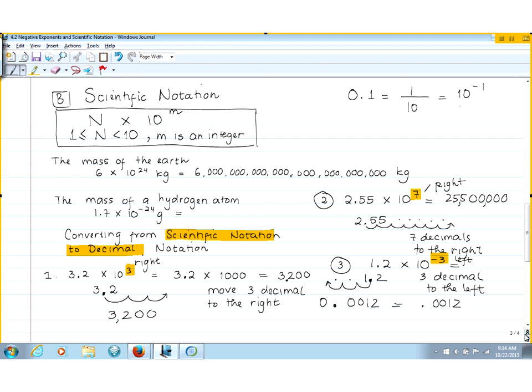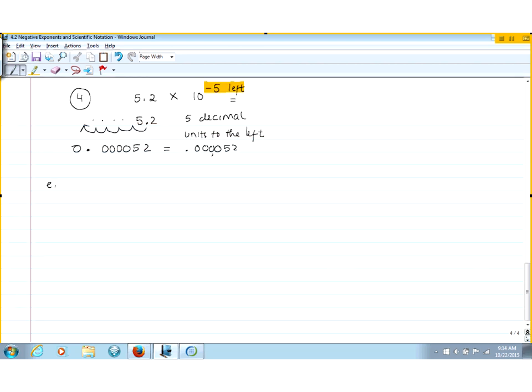So, next one. For example, convert to scientific notation. So we have decimals. Let's just say number 1, 287,000,000,000. I don't know how many zeros there are. So that's a big number.